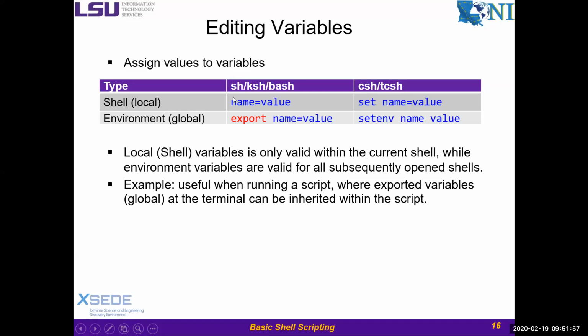In order to define variables that can be used by a subshell, or by your script, you need to use the export command, so they are visible to all its subshells. Use the export keyword, which I highlighted in red.